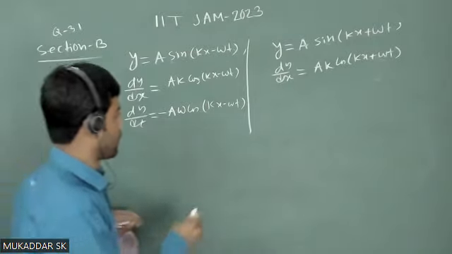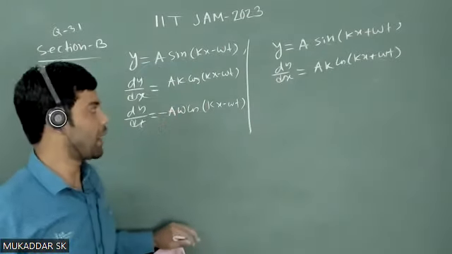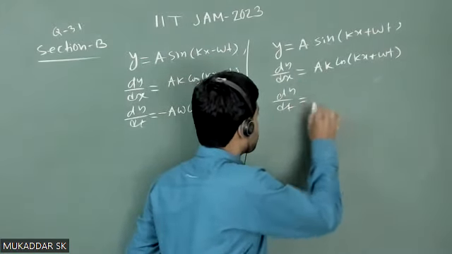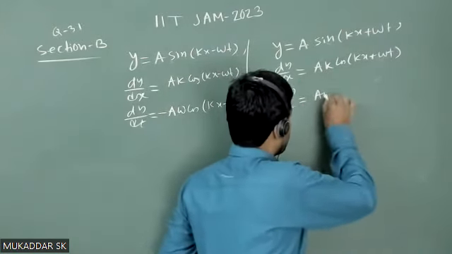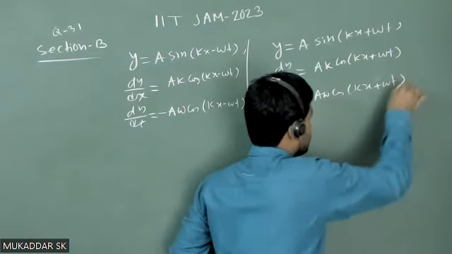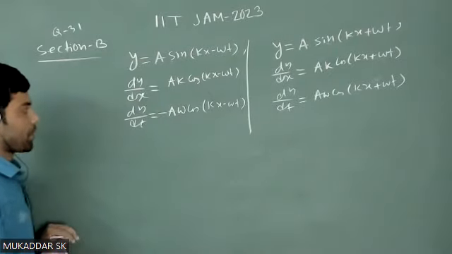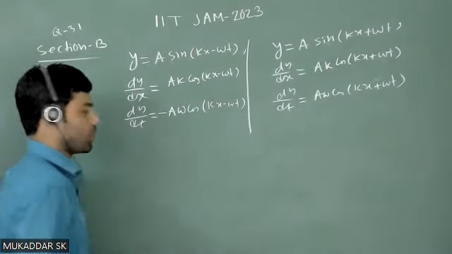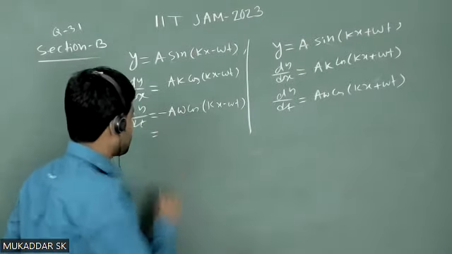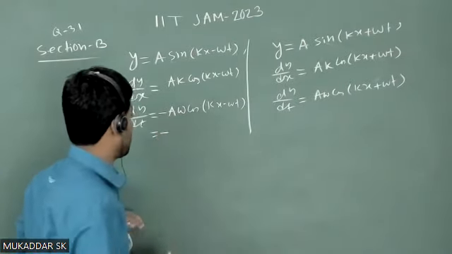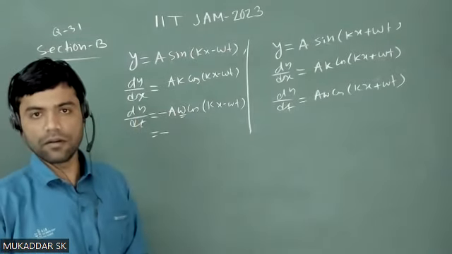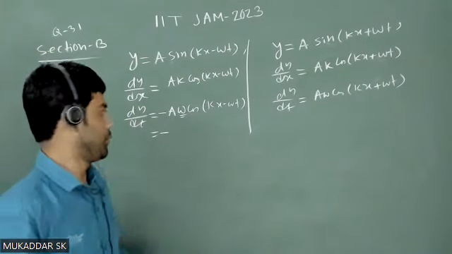And if you differentiate this with respect to time, dy by dt will be a omega cosine of kx plus omega t. Now, omega is nothing but v into k, where v is the velocity of your wave.